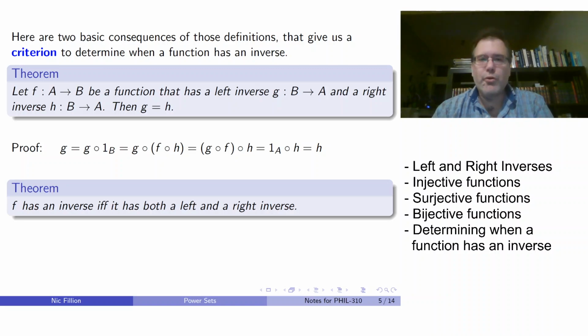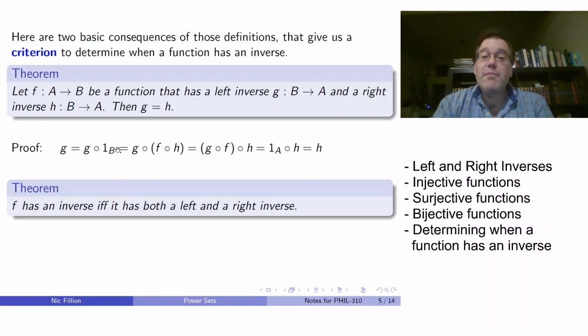Now, how do you prove that? Well, you're trying to show that G equals H, right? So since G is a function from B to A, we can form the composite G after the identity. And since the identity is the do-nothing function, G will equal the composite G after IB.